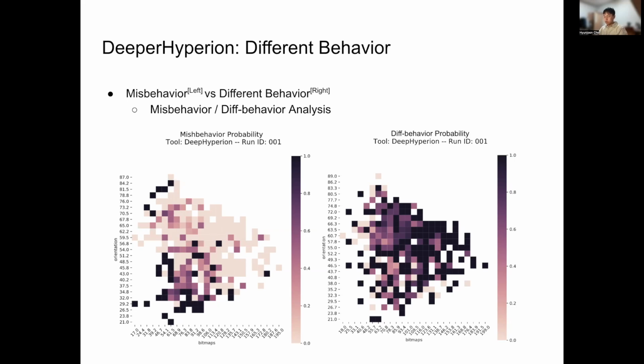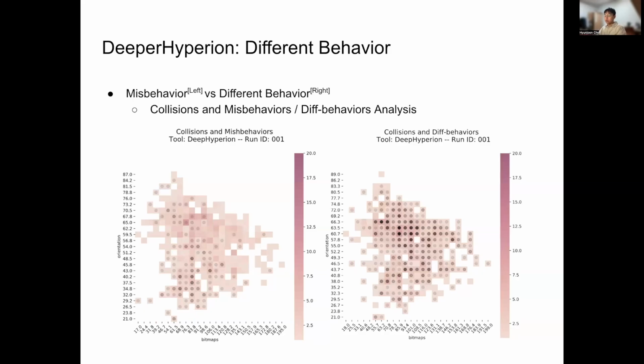The goal here is to understand the system's sensitivity to small perturbations. Darker squares indicate higher probabilities of different behavior under these conditions. The presence of these darker squares suggests that there are specific areas within the feature space where minimal changes can lead to misclassification or other errors.